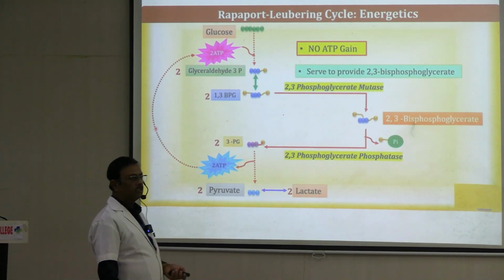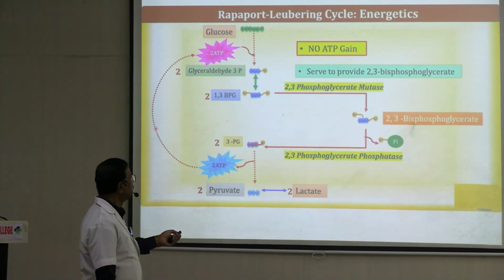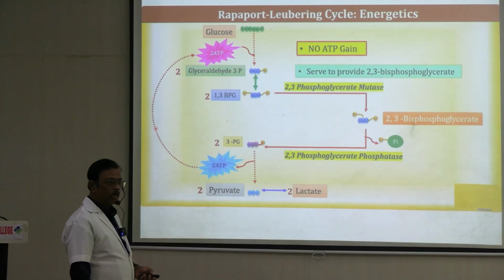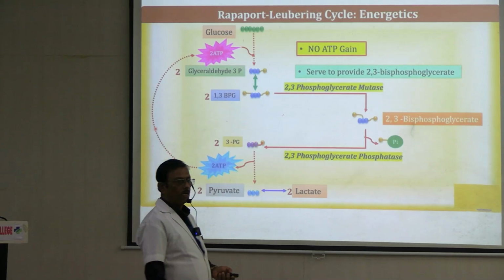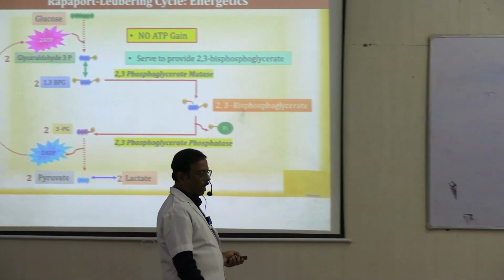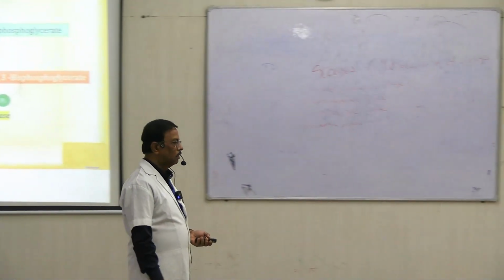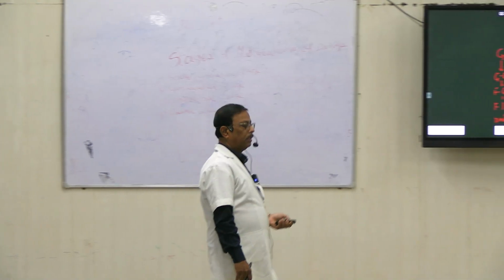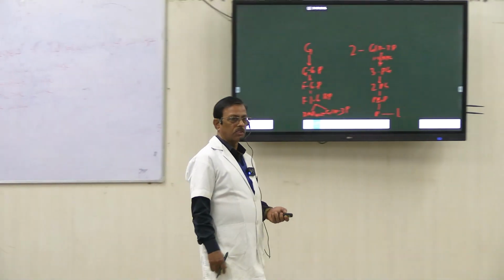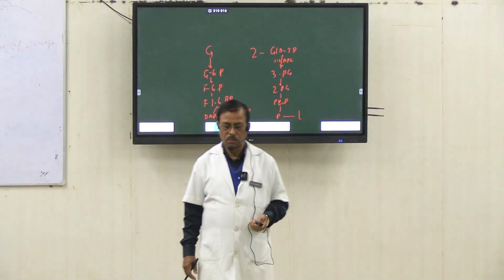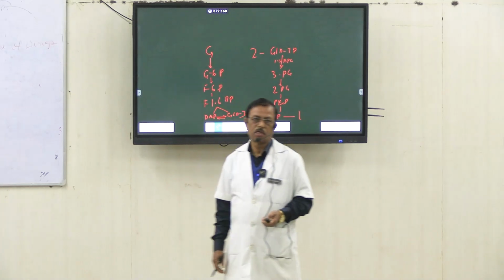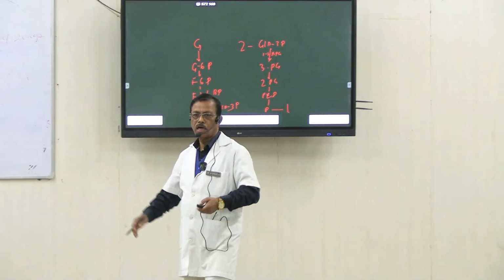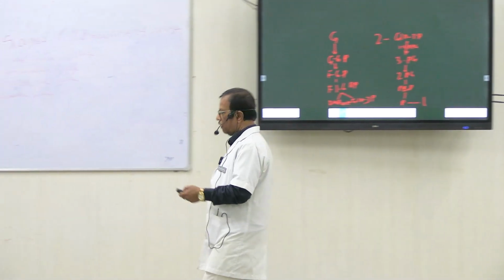The importance of this cycle is to produce 2,3-BPG, which is required for the RBC or hemoglobin when the partial pressure of oxygen is very low in the air or in the blood.